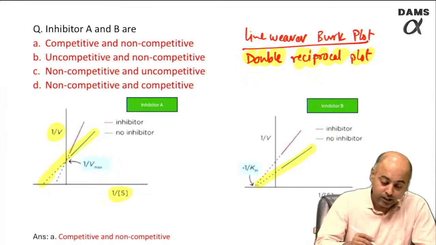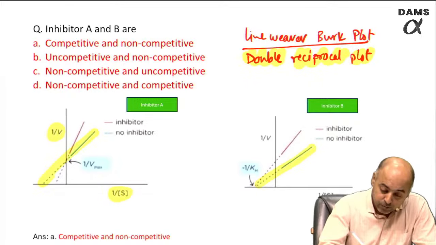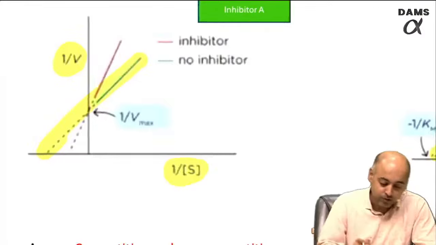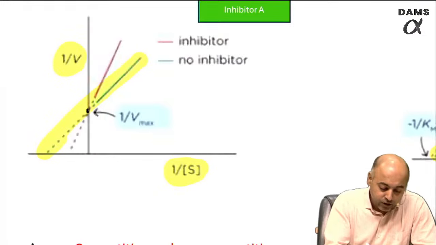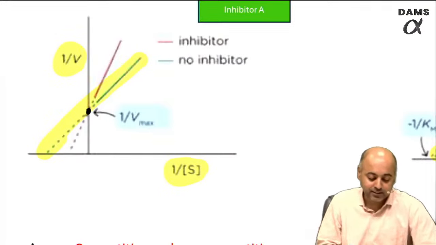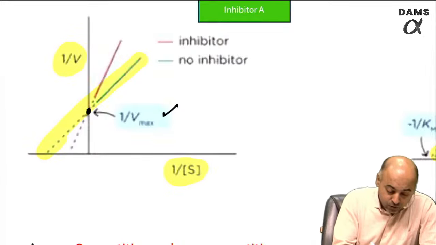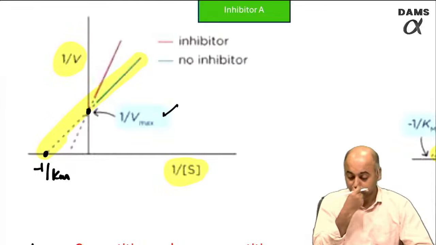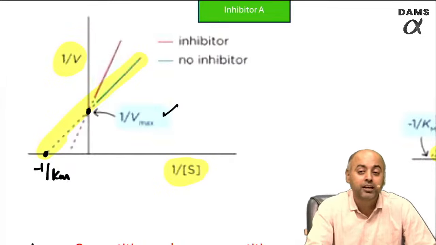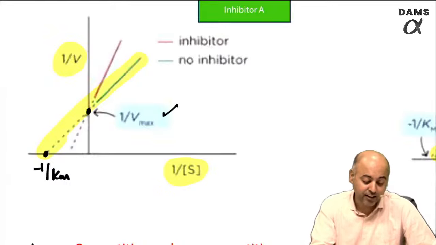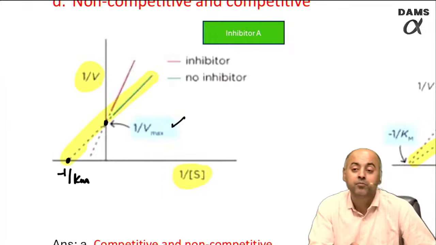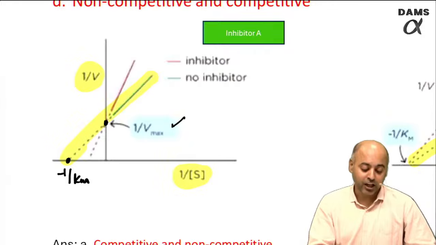Now one important point you have to remember when you're looking at the Lineweaver plot: the point where it crosses the y-axis is 1 upon Vmax, whereas the point where it crosses the x-axis is minus 1 upon Km. So if you know these two values, then it is very easy to identify the different types of inhibition as seen on the Lineweaver plot.